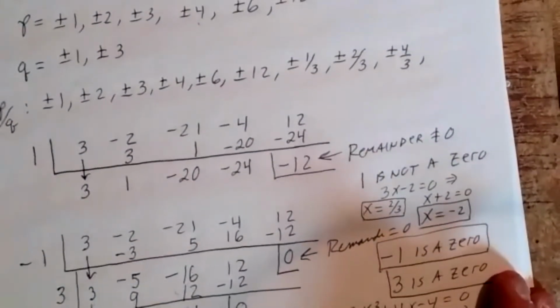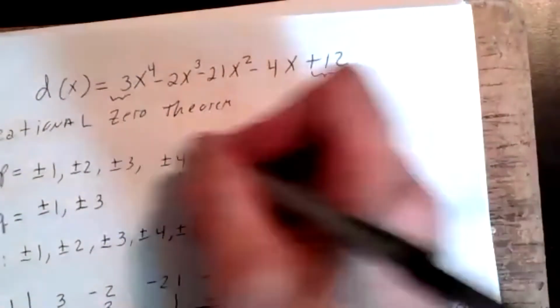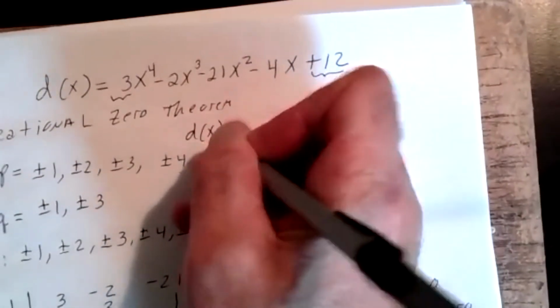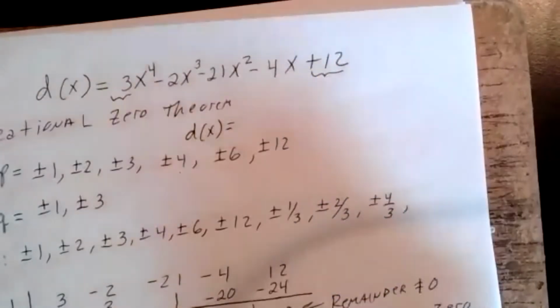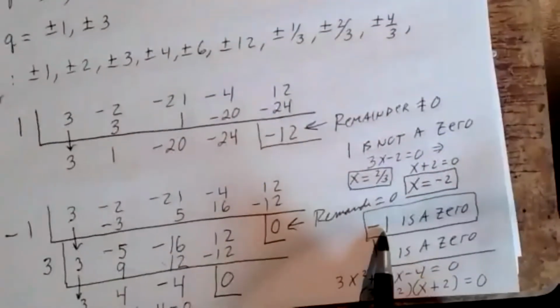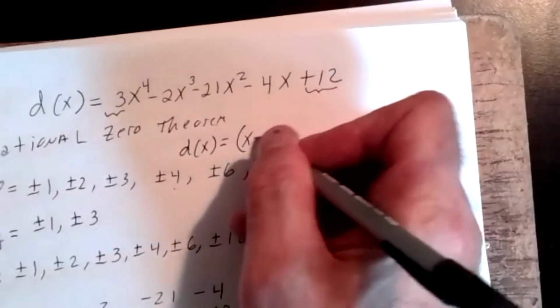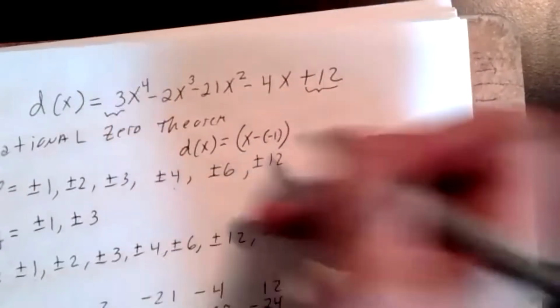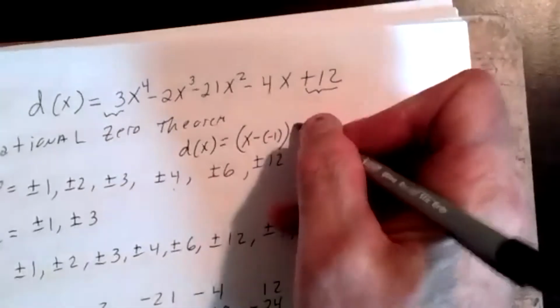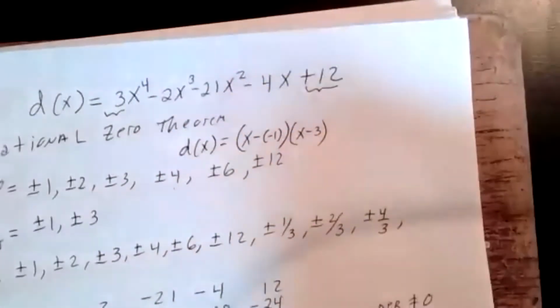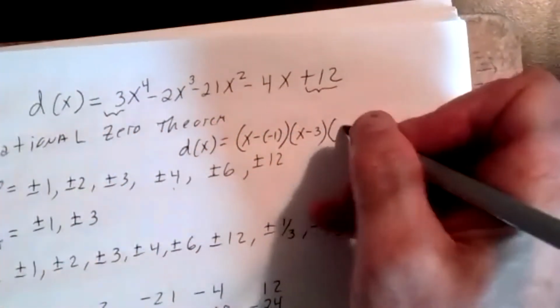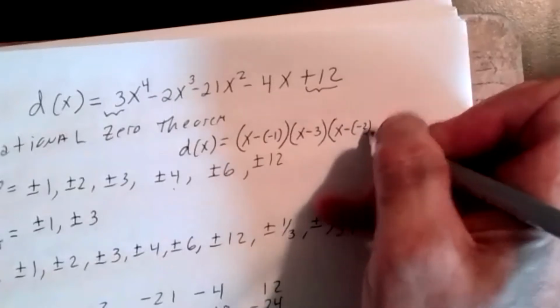Not only do we find all the zeros of this thing, we could now write this thing in completely factored form. So therefore, d of x in completely factored form, if negative 1 is a 0, then x minus a negative 1 must be a factor. If 3 is a 0, then x minus 3 must be a factor. If negative 2 is a 0, then x minus a negative 2 must be a linear factor.